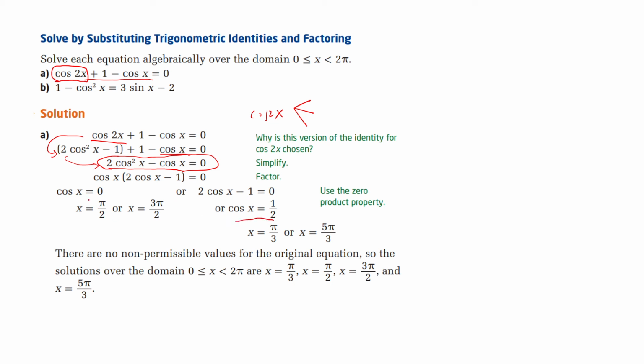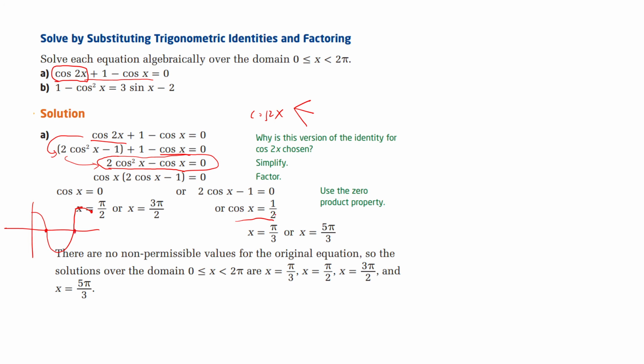When cosine x is 0, we have x equal to pi over 2 or 3 pi over 2. We can solve this by drawing a draft of the cosine function and finding where the value is 0.